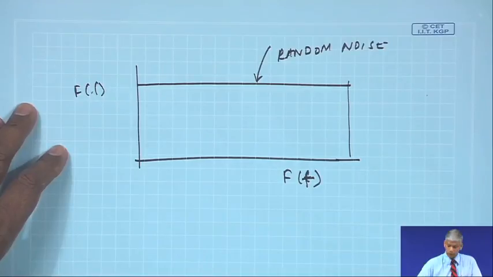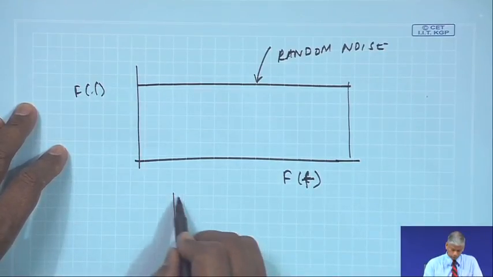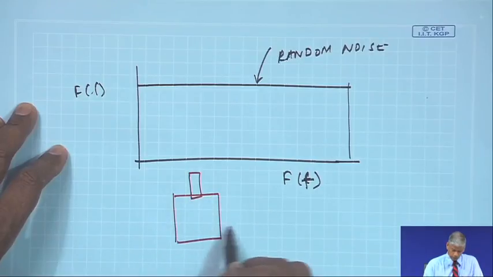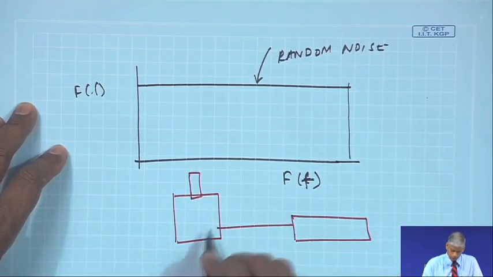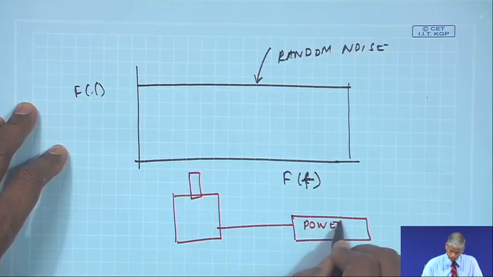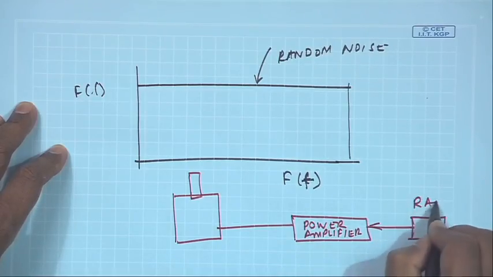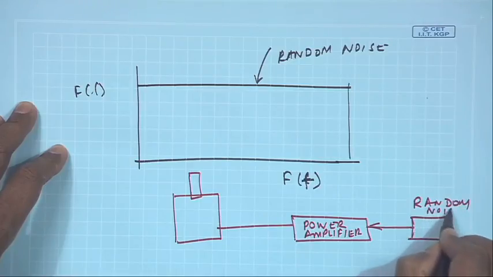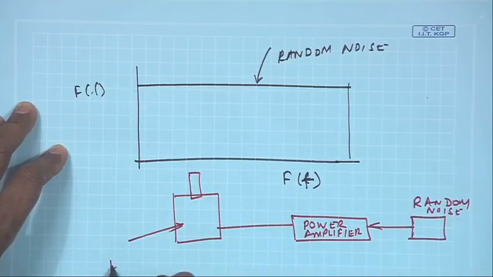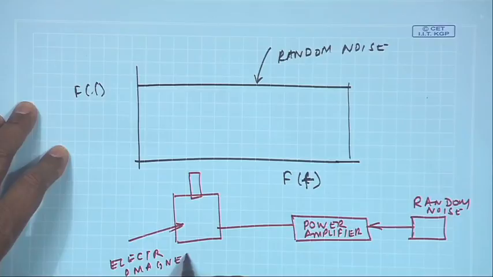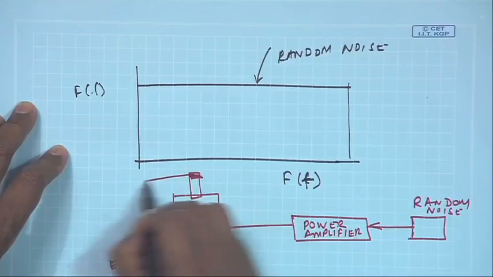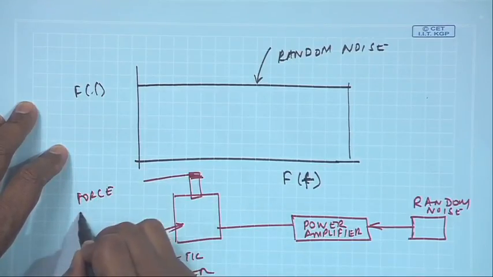So, there are commercially available electromagnetic exciters, which will be having a power amplifier, to which I can give a random noise. And this is my electromagnetic exciter, onto which I can put a force transducer.